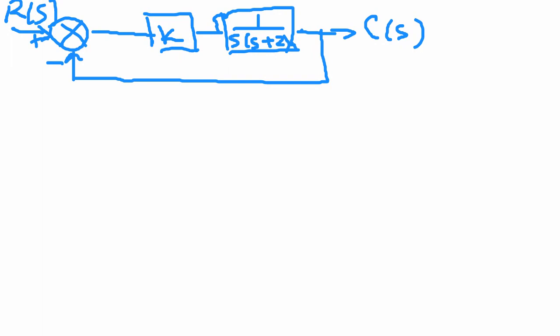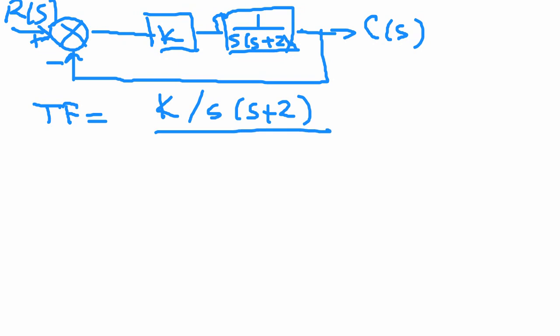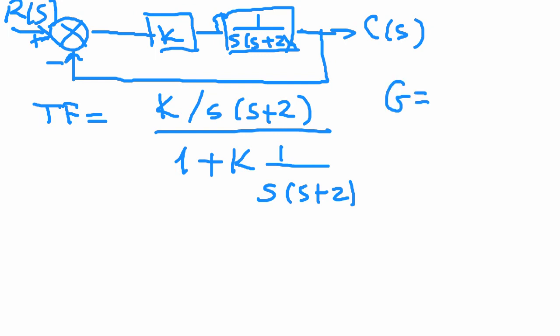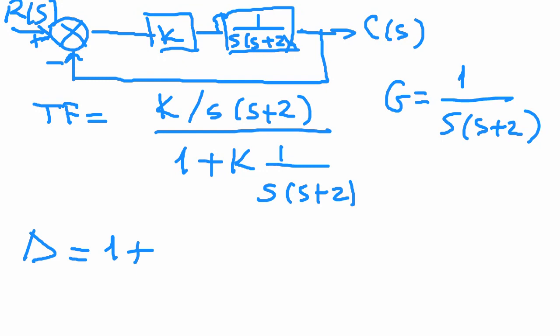So the transfer function TF is equal to, G here is equal to 1 over S plus 2, H is equal to 1. So delta, 1 plus GH.